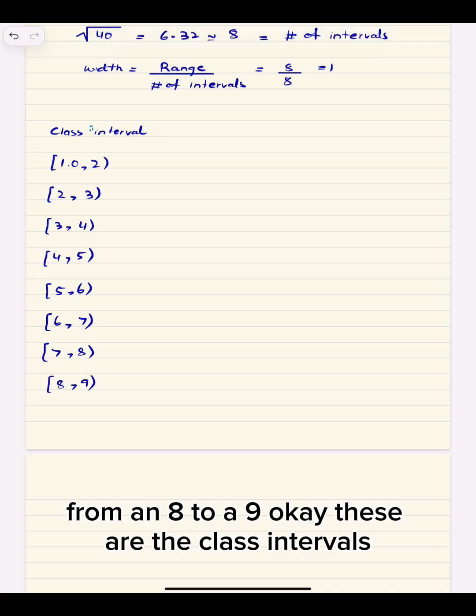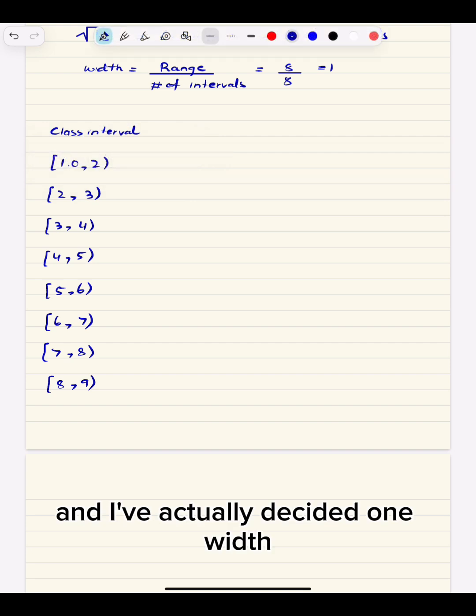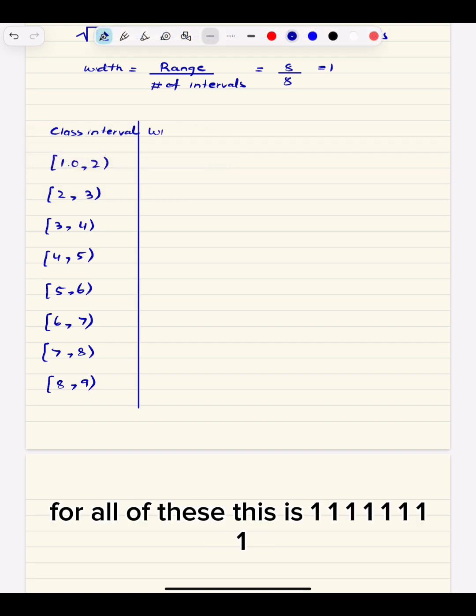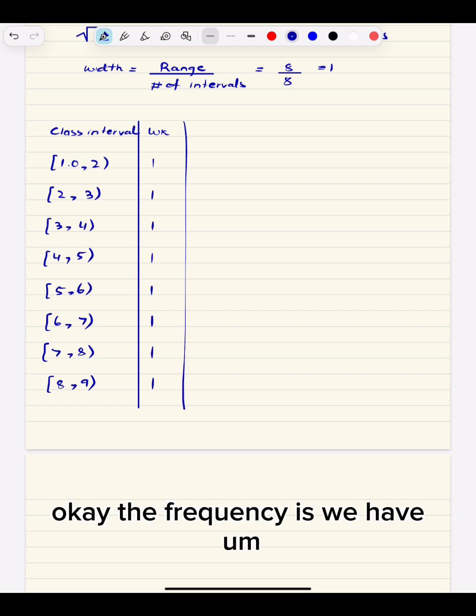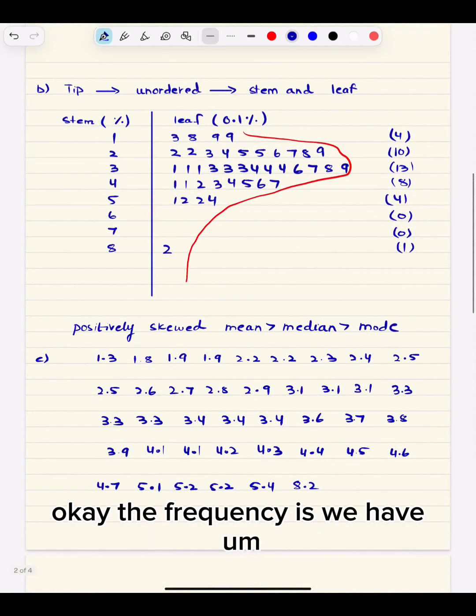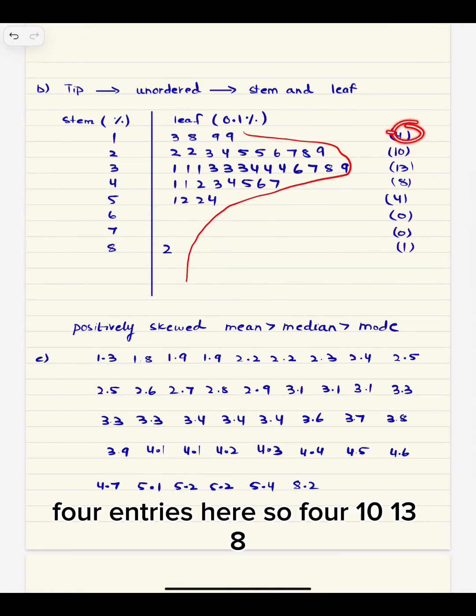These are the class intervals, and I've decided one width for all of these, which is 1. Okay, this frequency is, we have 4 entries here.